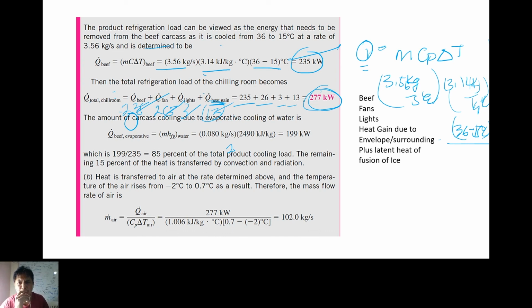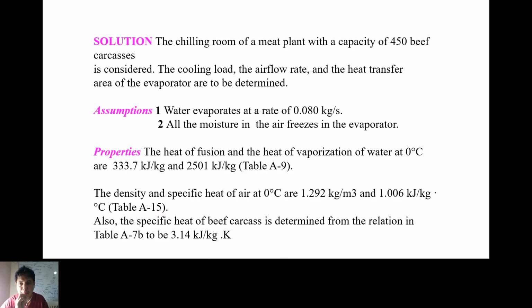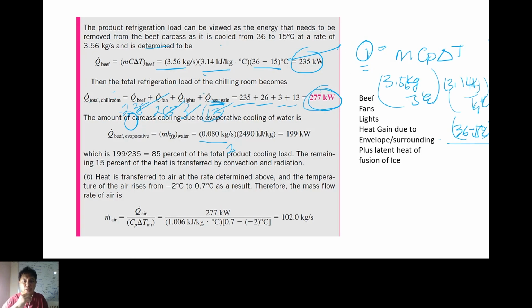Bakit nagkaroon ng evaporative cooling? Kasi may rate yung beef, 0.08 kilogram per second, yun yung rate ng tubig na nagpapalamig sa chiller. Water evaporates at a rate of 0.08 kilogram per second.